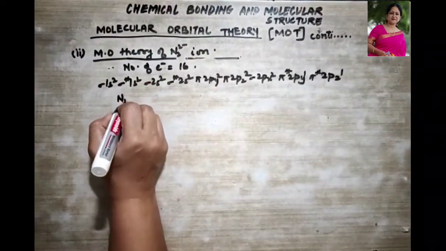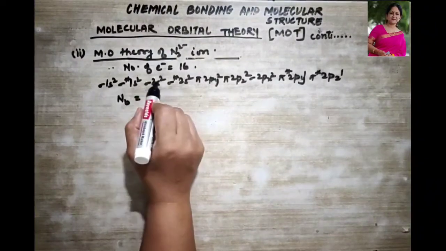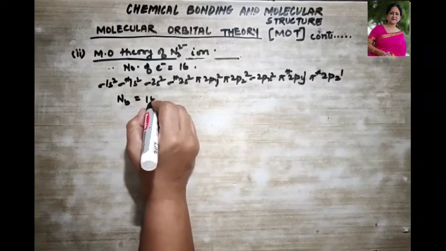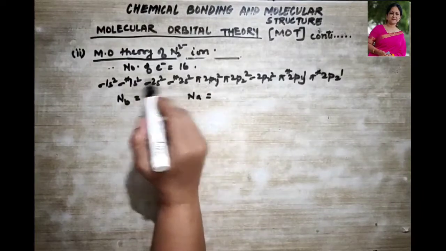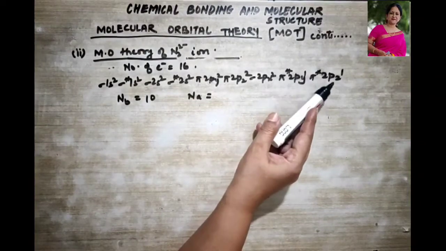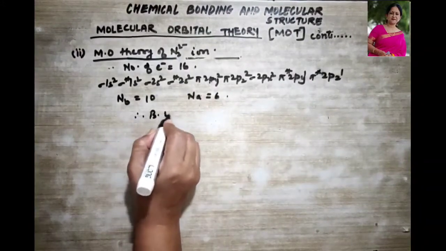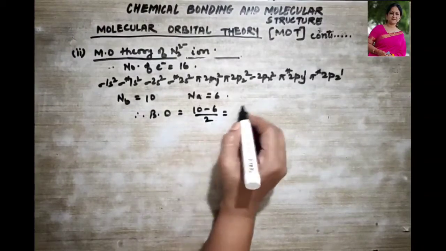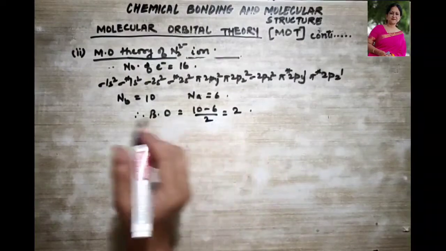so the number of bonding electrons, count: 2, 4, 5, 6, 7, 8, 9, 10. Antibonding electrons: 2, 4, 5 and 1, 6. Therefore, bond order is equal to (10 minus 6) upon 2, that is 4 upon 2, which is 2, right?